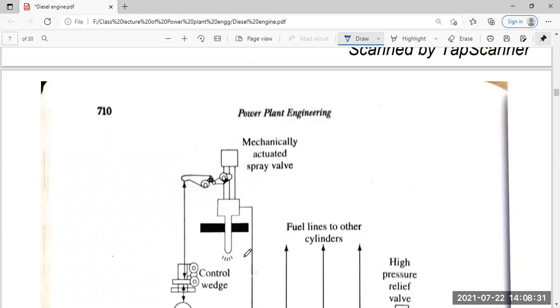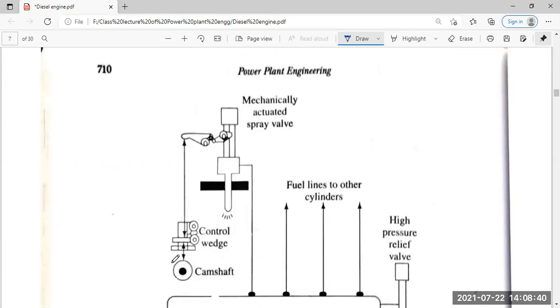The fuel from the line comes here and is sprayed inside the cylinder. The valve is opened by the wedge control and is controlled by the camshaft; according to the camshaft position, the valve will spray or not spray.